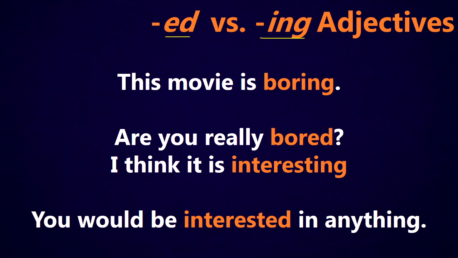Are you really bored? I think it is interesting. You would be interested in anything. So here we've got boring with the ing, bored with the ed, interesting with the ing, and interested with the ed. So what's the difference between boring and bored, or interesting and interested?